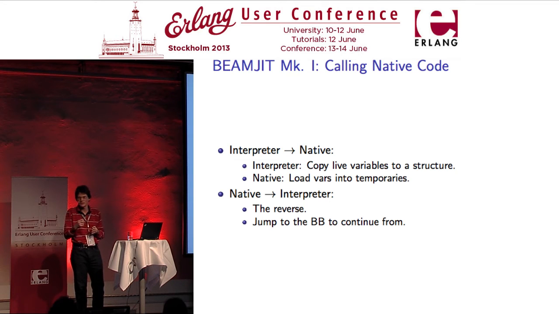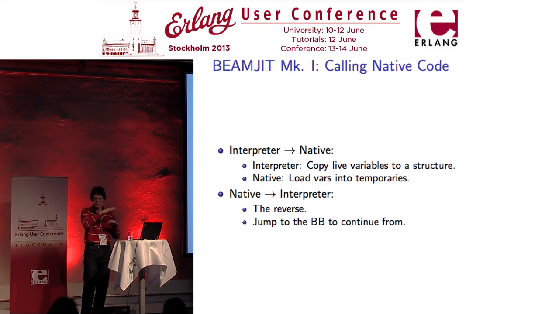And we do more or less the same when we switch back. And when we switch back, we jump into the emulator at the particular basic block where we should continue.